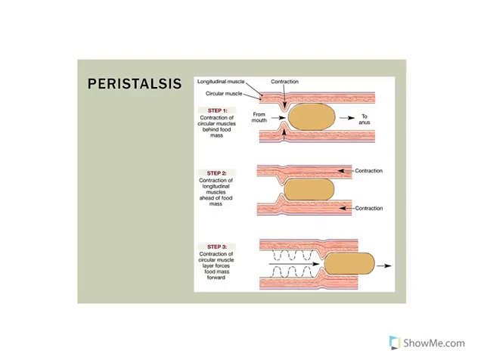The first propulsive movement is referred to as peristalsis. Peristalsis is wave-like muscular contractions of the GI tract in which contents are moved forward. And peristalsis is not just in the gastrointestinal tract.